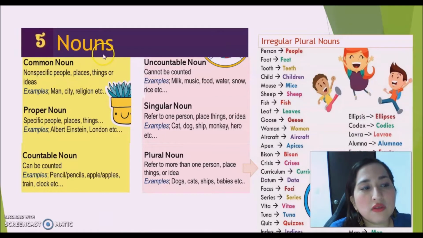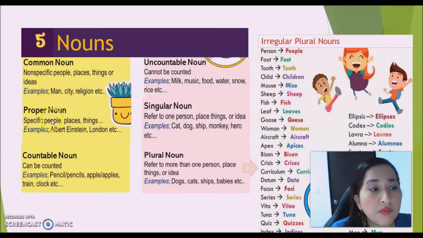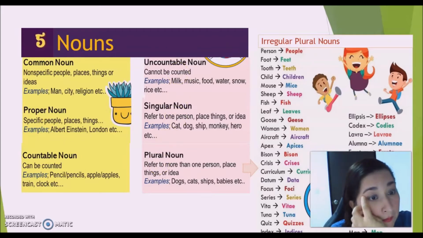Number five, nouns. What about nouns? In English, we have different kinds of nouns. Common nouns, proper nouns, countable nouns, uncountable nouns, singular and plural nouns. In this case, we have some examples of each one of them.